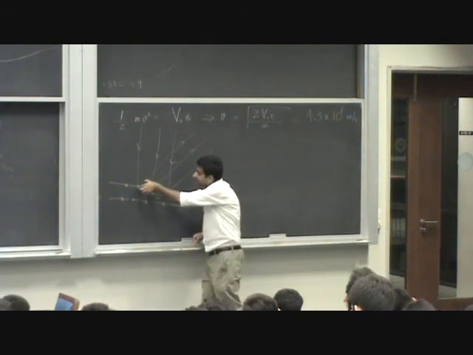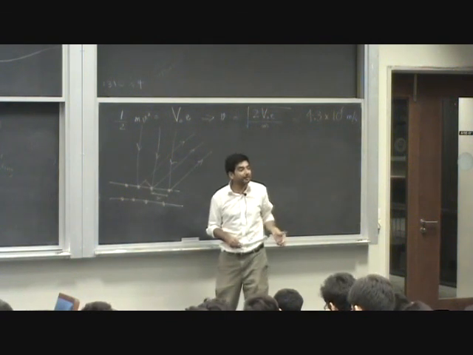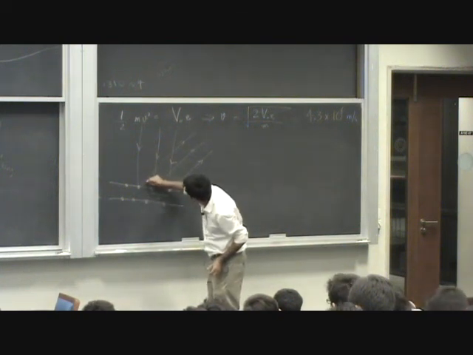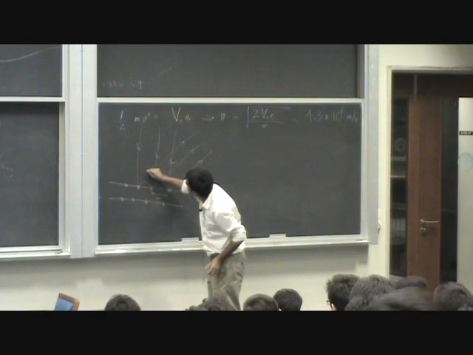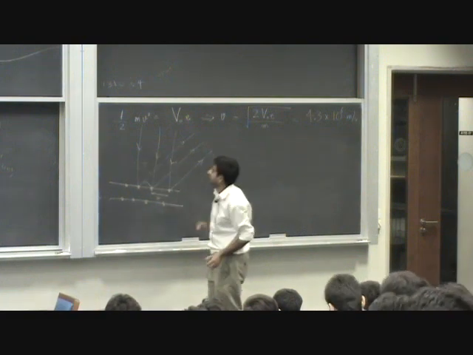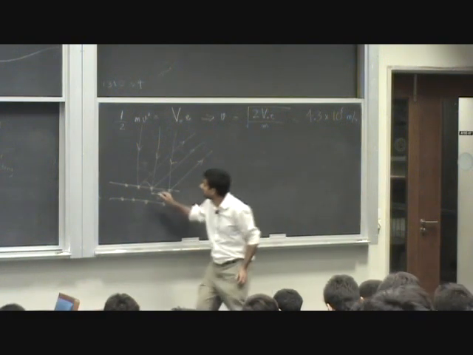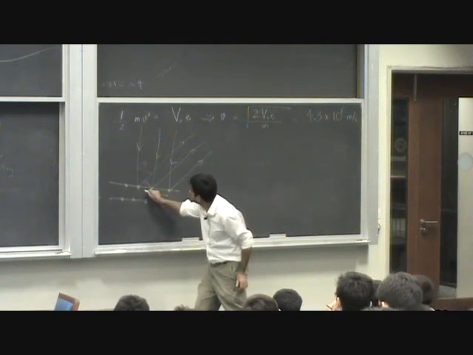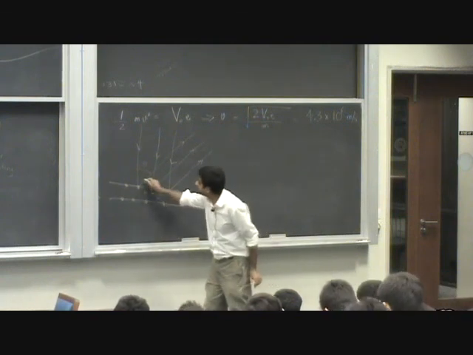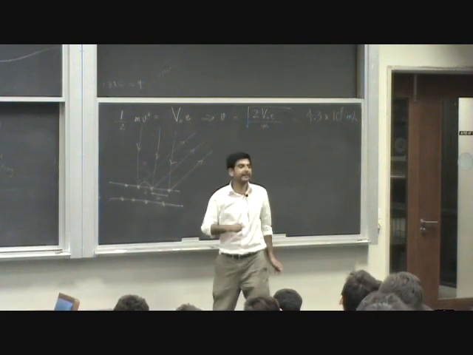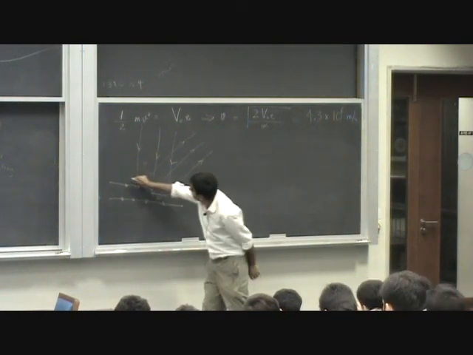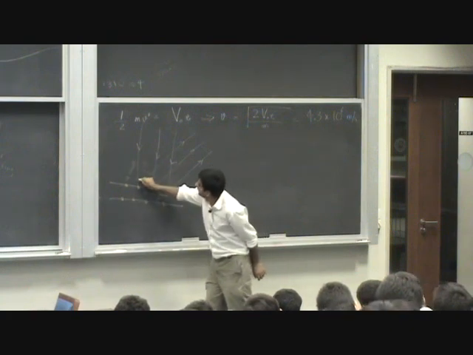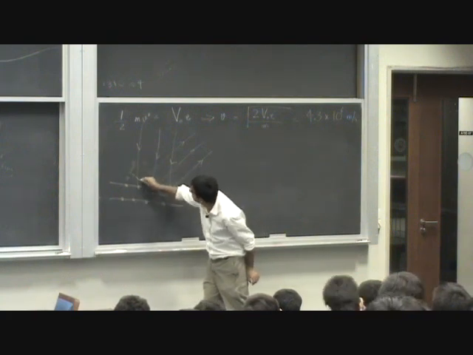So if this distance, which is the path difference, if this is A and this reflected angle is theta, this angle is theta, and this length will be equal to A sin theta.